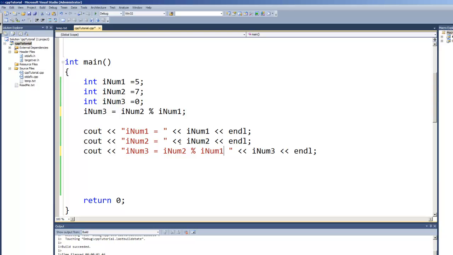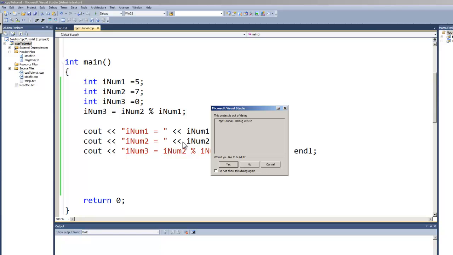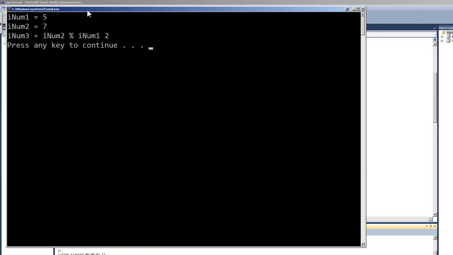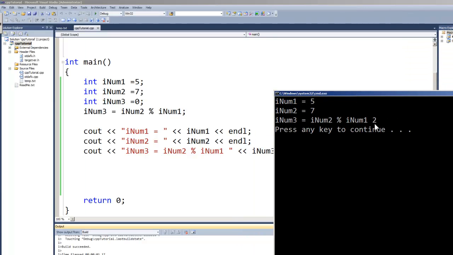Now if I run it, now I'm taking 7 divided by 5, and the mod or modulus, the remainder of that is 2. So 7 divided by 5 goes 1 time with a remainder of 2. So the modulus, that percent, gives us the remainder of an integer division. Now, just like with floating point numbers, the parentheses work the same way.